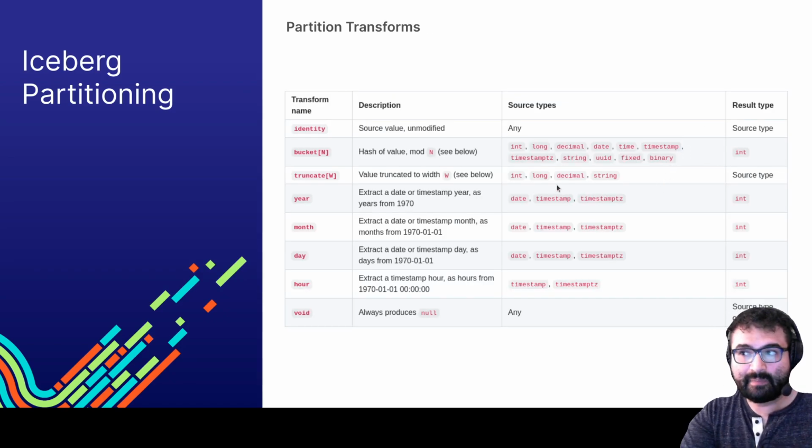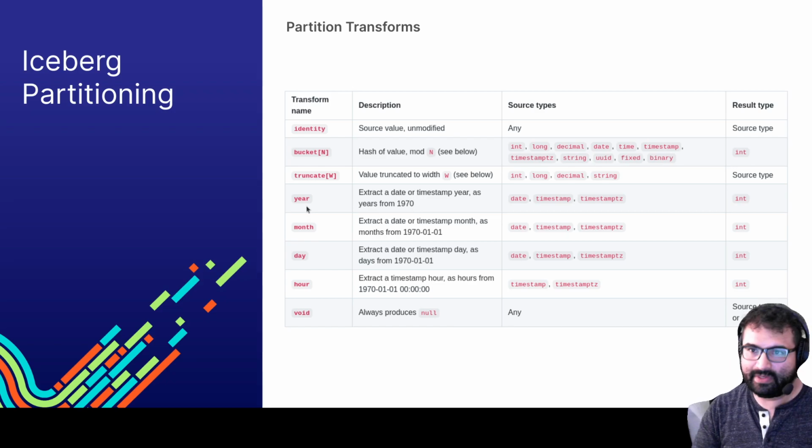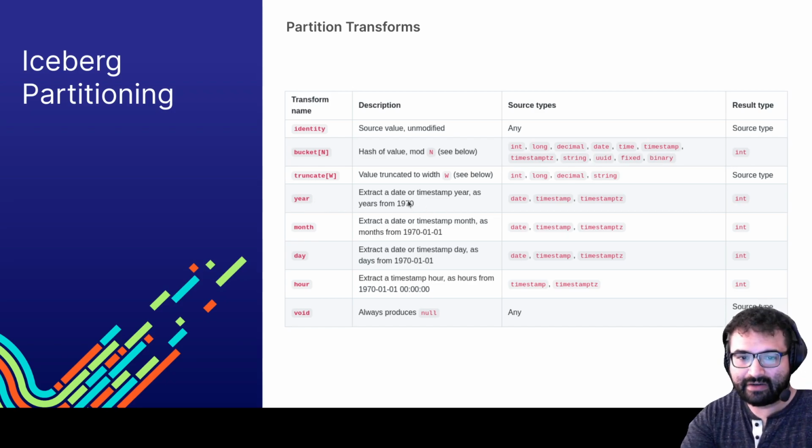Okay, so basically Iceberg gives you all sorts of different partition transforms that you can use. So for example, you have hour, day, month, and year when it comes to time. And the cool thing about these is that unlike Hive, where you have to create a separate month, a separate day, a separate year column to capture that granularity, if I choose year, it's basically going to capture the year value.